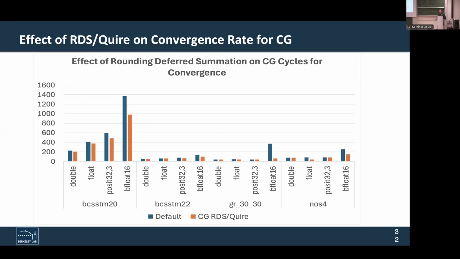Here, the two colors are fair, right? In both cases, the matrix is using bfloat16. But across the different categories, it's difficult to compare. You would need a matrix that starts at the low precision. That's an interesting thought.